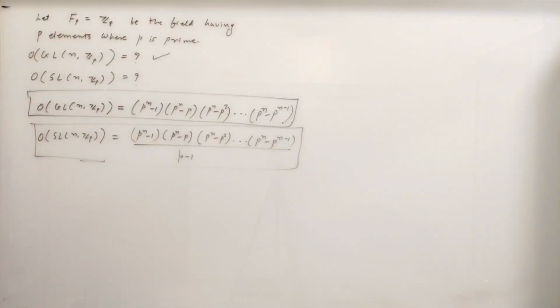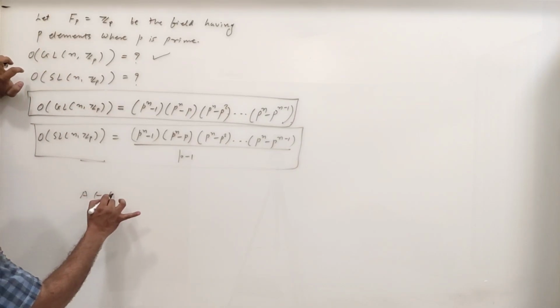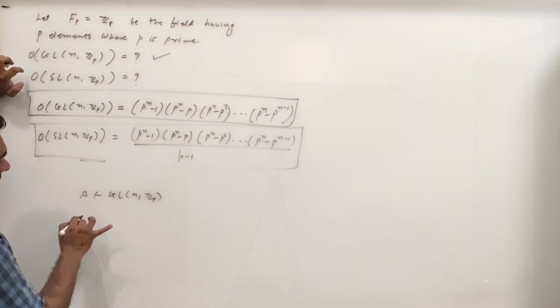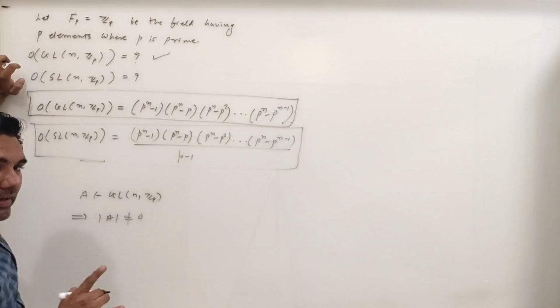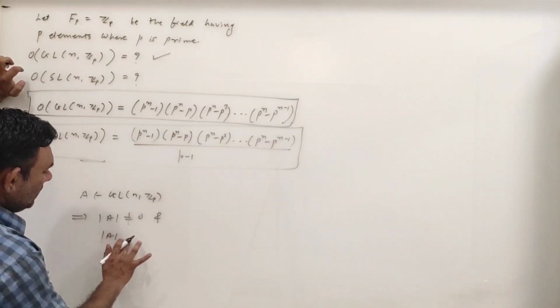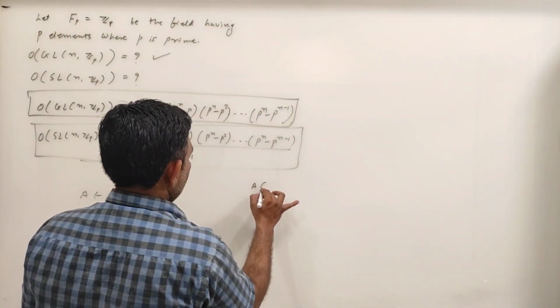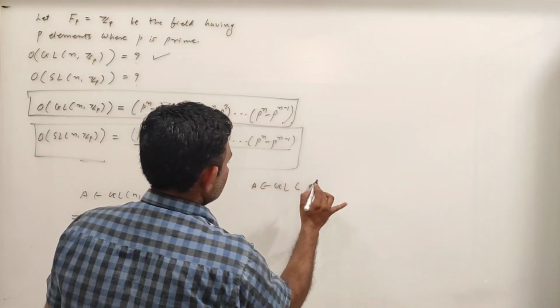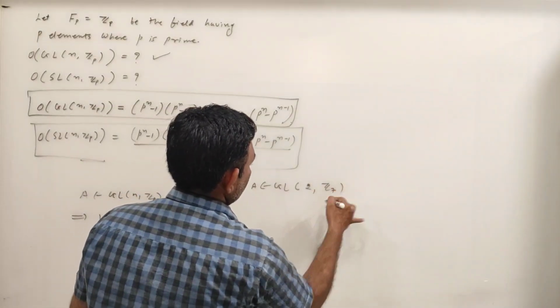See, now one more point. So from here I will take some element of GL(n, Zp). A belongs to GL(n, Zp), so this implies determinant of A is non-zero. But whatever determinant comes, determinant of A is non-zero and determinant of A will be what? See, for example, you consider A belongs to GL, 2 by 2 matrices, and Zp is say Z7.